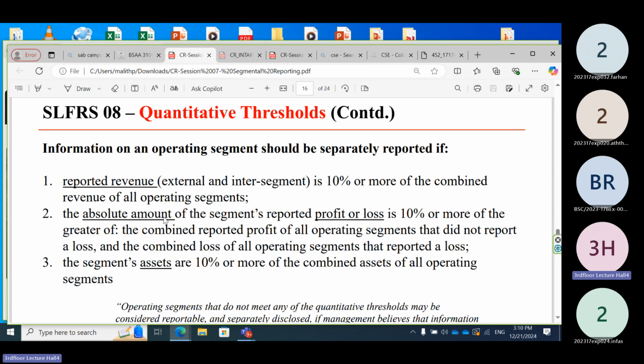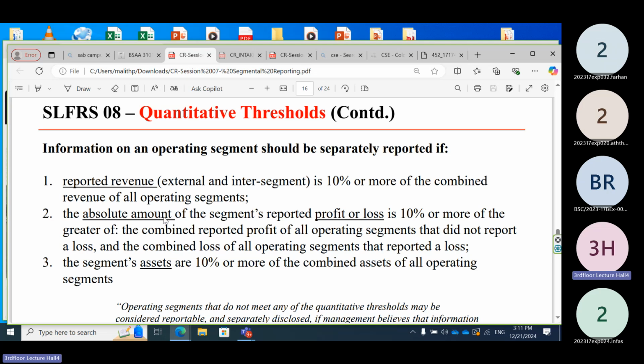So the basic understanding is, if you have a company, for decision making purposes, you are having different operating segments. As an accountant, you don't need to report all those operating segments in the financial statements. You have to decide what the reportable segments are. To do that, you have 2 things to do. First, aggregation criteria: according to it, you can merge some of the operating segments.